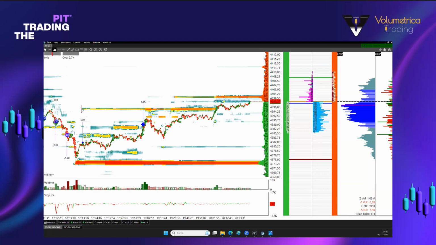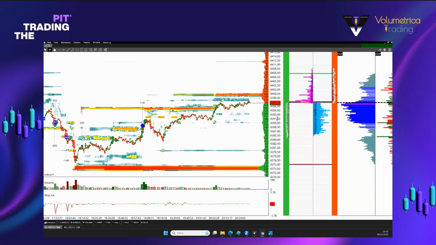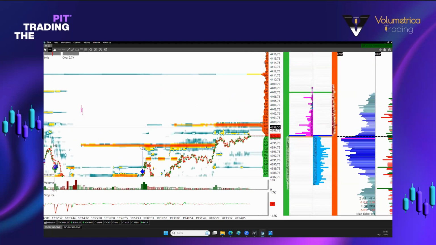The line starts from the moment expressed on the time axis here below, where this liquidity started to have that kind of volume. Because, yes, let's assume I don't have a heatmap.